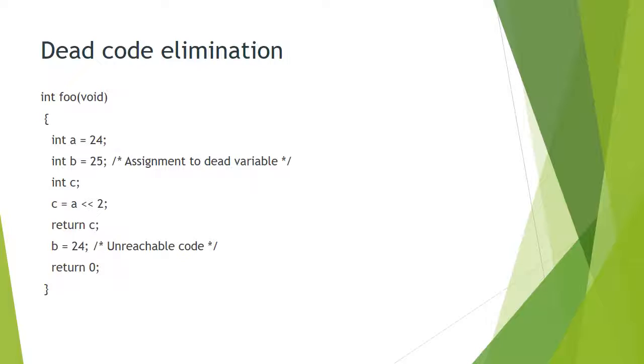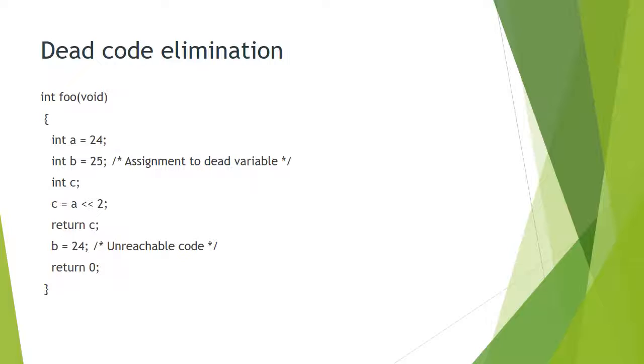Here int a equal to 24, int b equal to 25, int c equal to a left shift by 2 and return c, and b equal to 24, and after that return 0. So here we can see that b equal to 25 is an assignment to a dead variable since b is not used in the program. Hence, removing int b equal to 25 will make the program efficient.